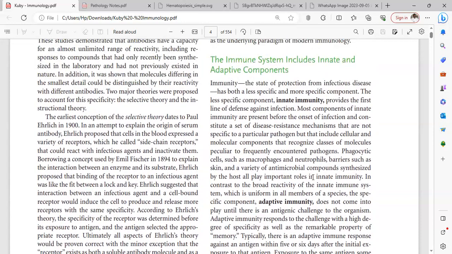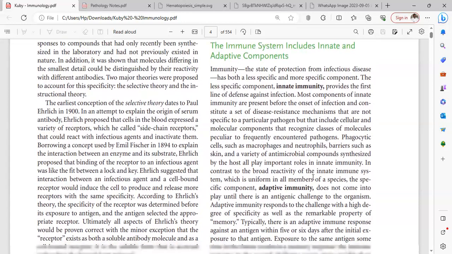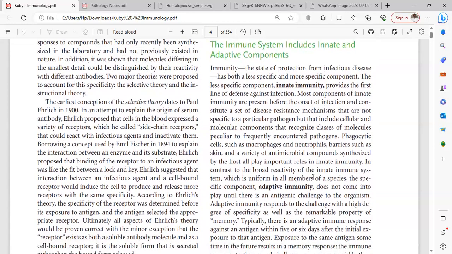So innate immunity is the one that we are born with, less specific, and it is the first line of defense against any infection. For the adaptive immunity, it is more specific and acquired. Also, when you put a time response, adaptive immunity is a bit slow, going after several days of an infection compared to the innate.